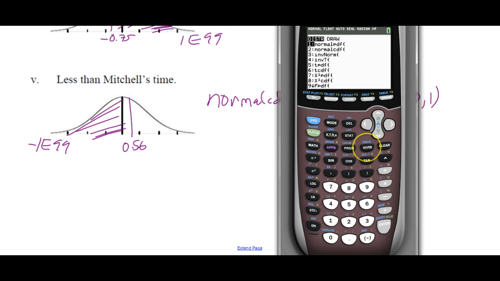Second distribution, normal CDF, my low negative 1E99, my high 0.56, mu and sigma are 0 and 1, paste, and enter. 71.23%.